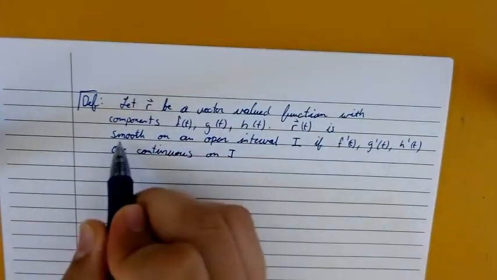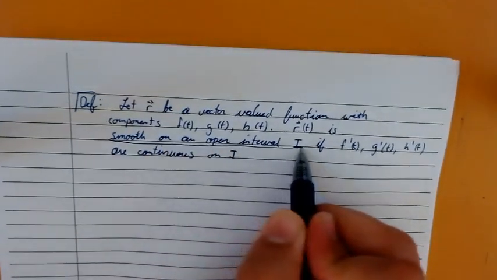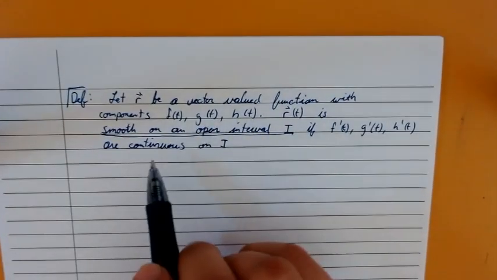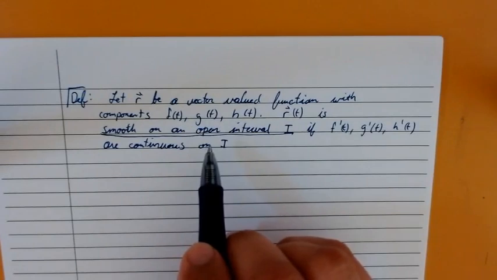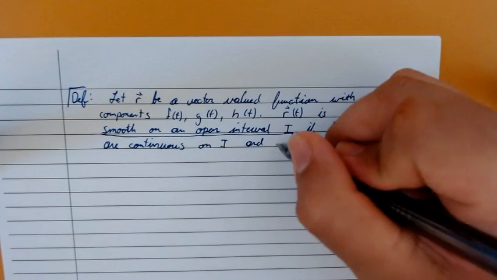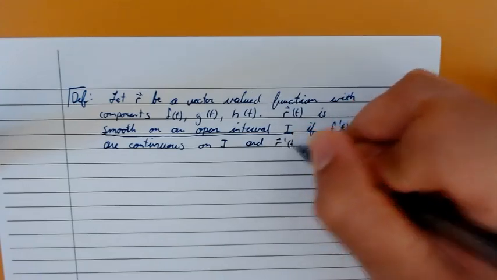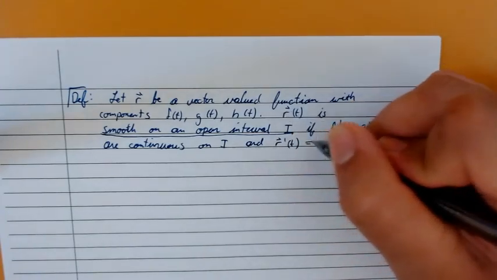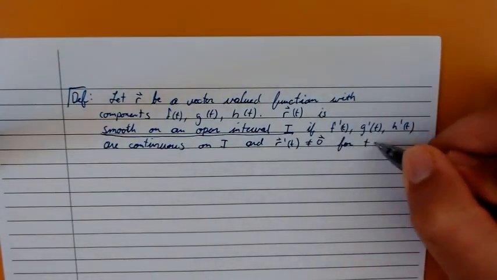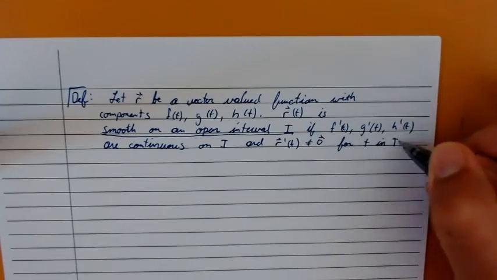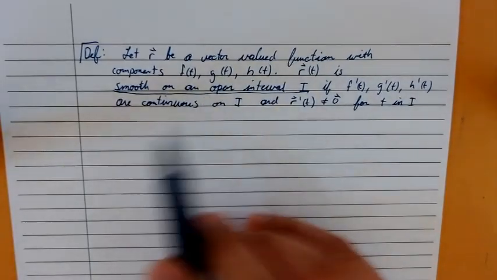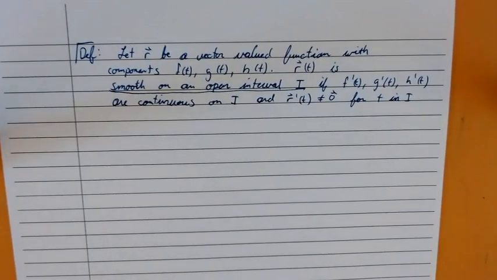So here's what we're defining. It's smooth on the open interval I if the derivative of each of its components is continuous on I. And that derivative is not identically 0 for t in I. So it's continuous and it's not 0. It's okay if it's 0 elsewhere, but not in the interval that we're discussing.